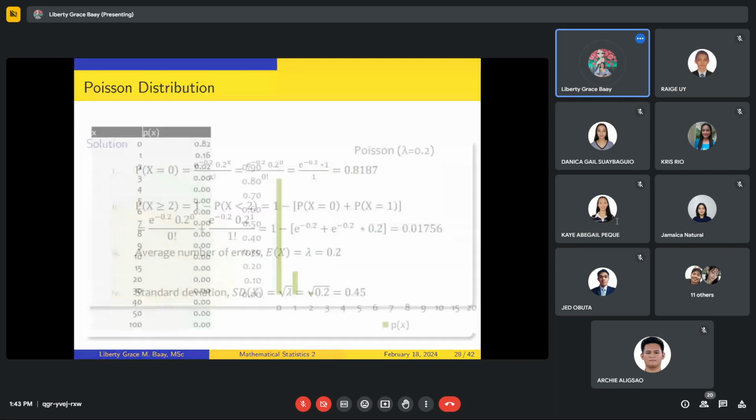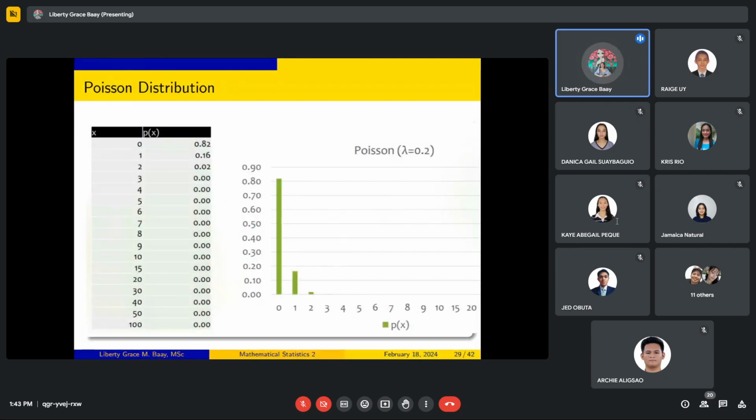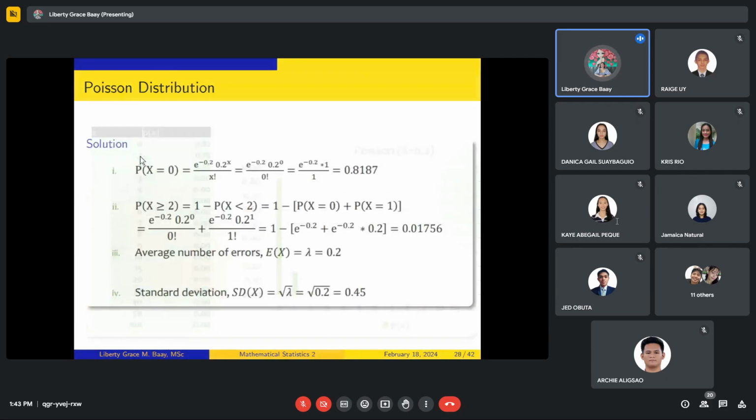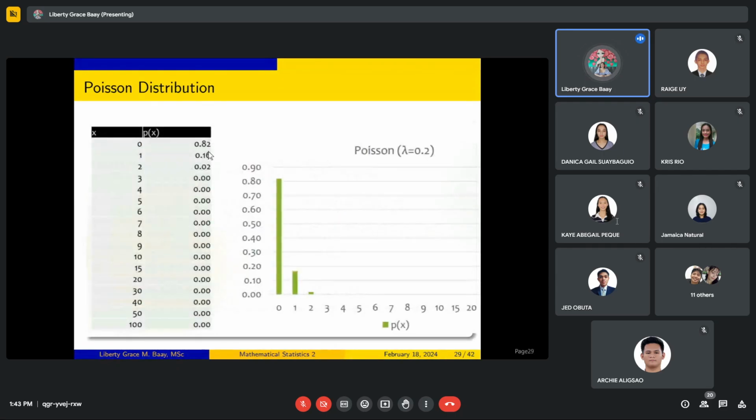Okay? And this is the graph. You don't need to graph it, but I'll show it. When x is equal to 0, the probability is 0.82. When x is equal to 1, as computed earlier, the probability is 0.16.